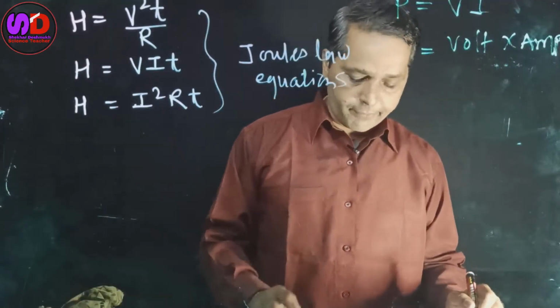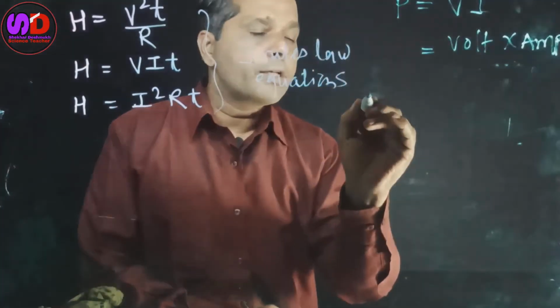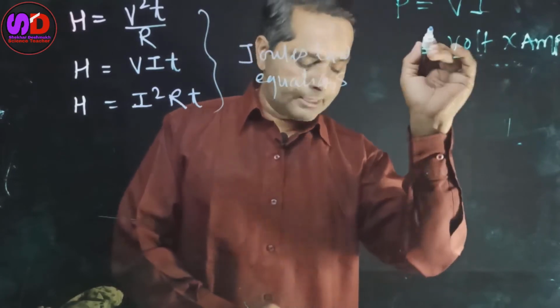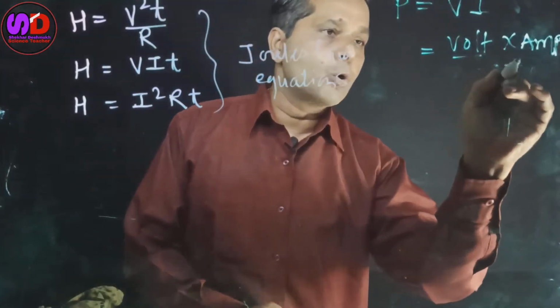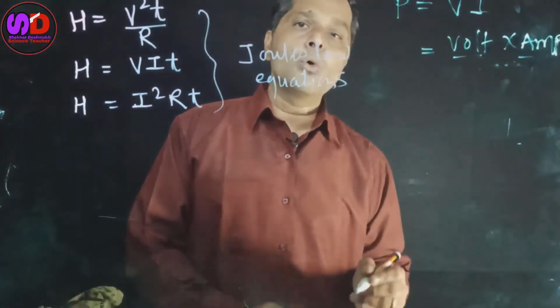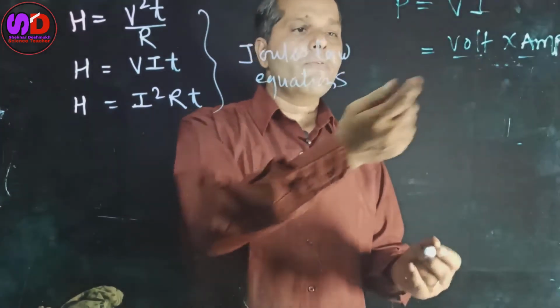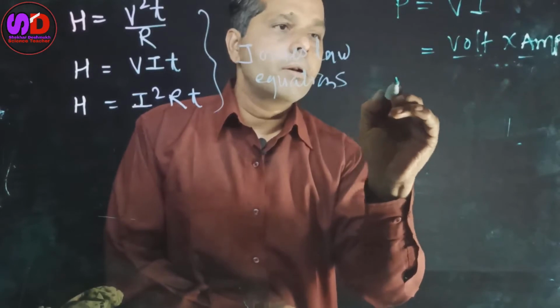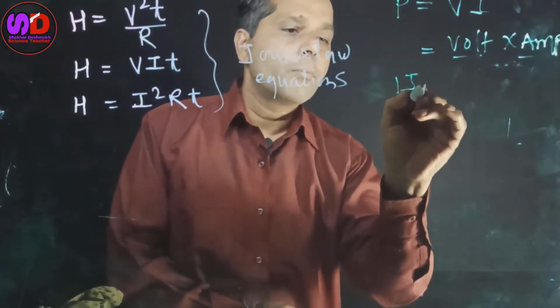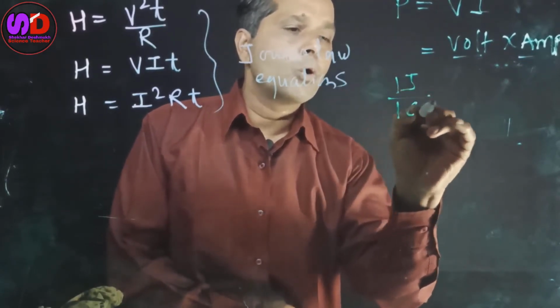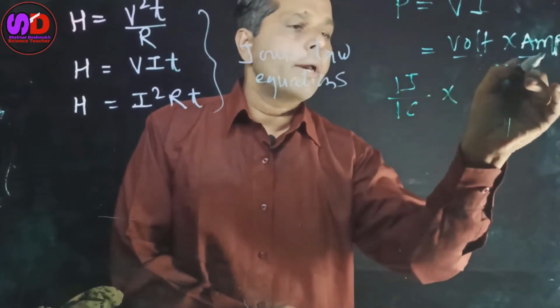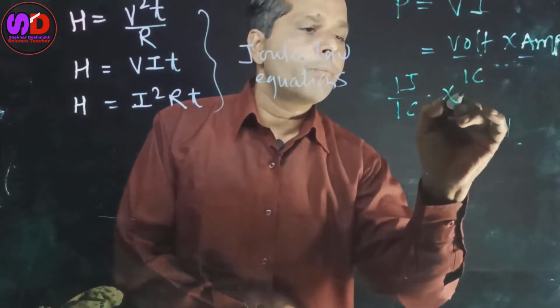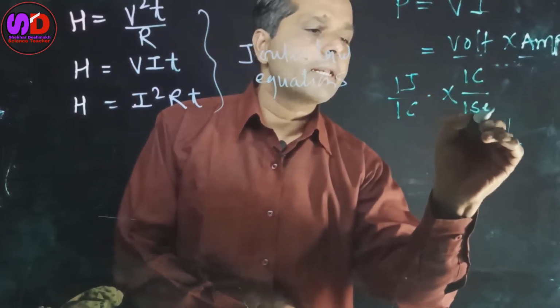So volt into ampere, but volt is given by 1 volt, it is nothing but 1 joule per coulomb, and ampere is 1 coulomb per second. So write down the values: 1 joule per 1 coulomb into 1 coulomb per 1 second.